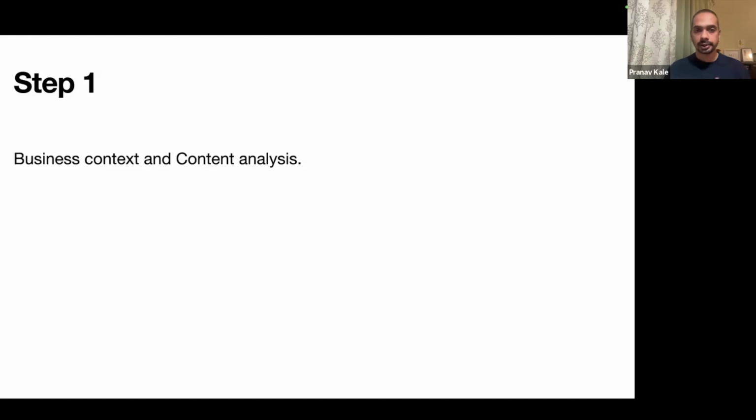So I need to know the business context, and then of course there is content analysis. I genuinely believe that my job is not really to tell you what your big idea is. My job is to help you uncover it like an archaeologist, because it's already there. It cannot be my idea, it has to be your idea. My job is just to help you see through the clutter. All the content that you have done so far is already hiding it somewhere, so my job is to uncover it.